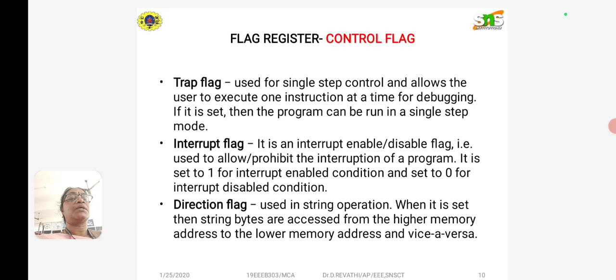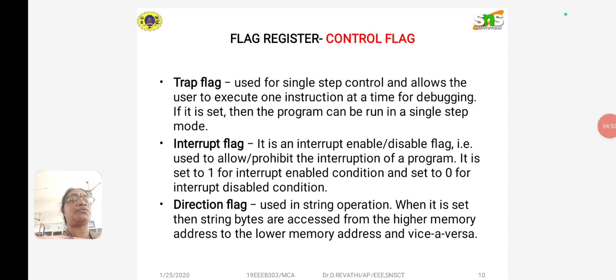There are 3 types of flags we are going to discuss: trap flag, interrupt flag, and direction flag. The trap flag is used for single step control and allows users to execute one instruction at a time for debugging. If it is set, the program can be run in single step mode. The interrupt flag is an interrupt enable/disable flag used to allow or prohibit interruption.